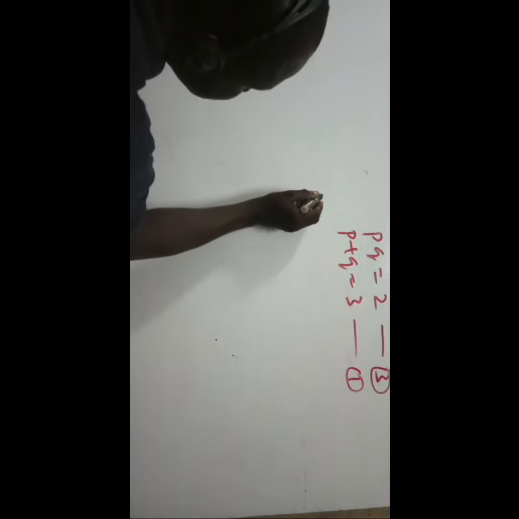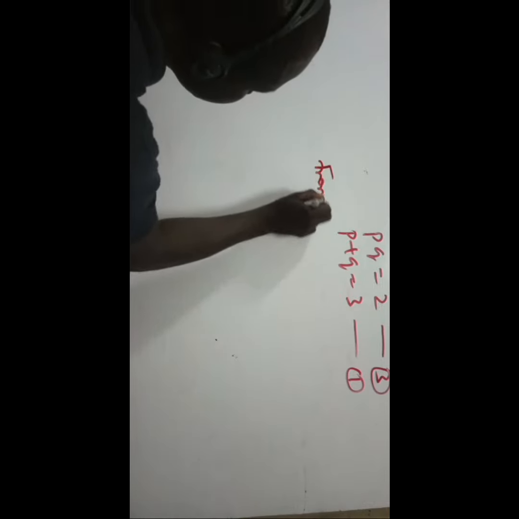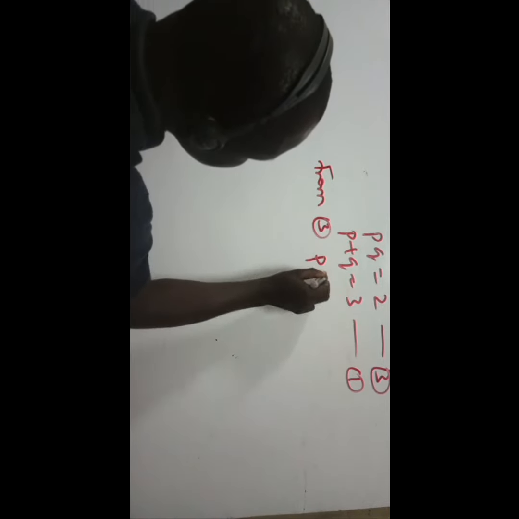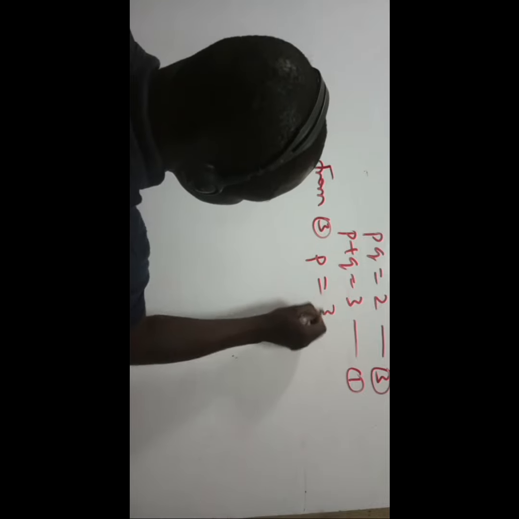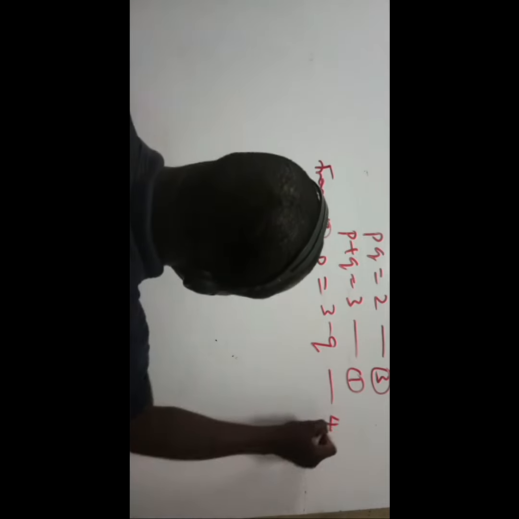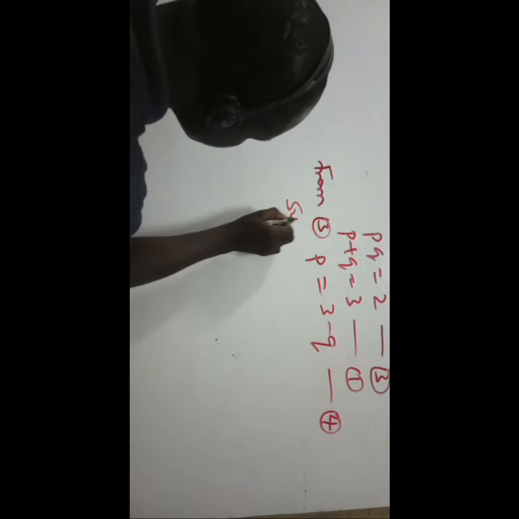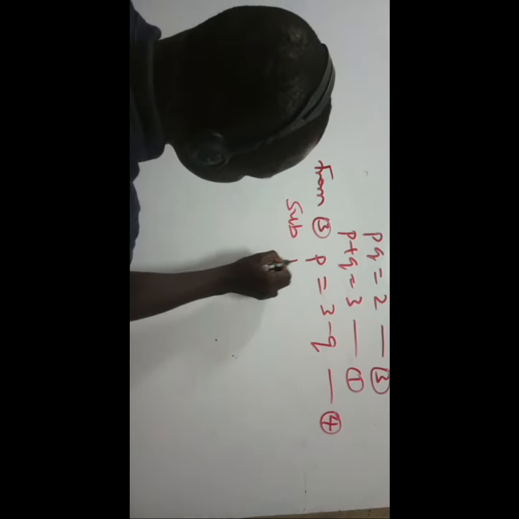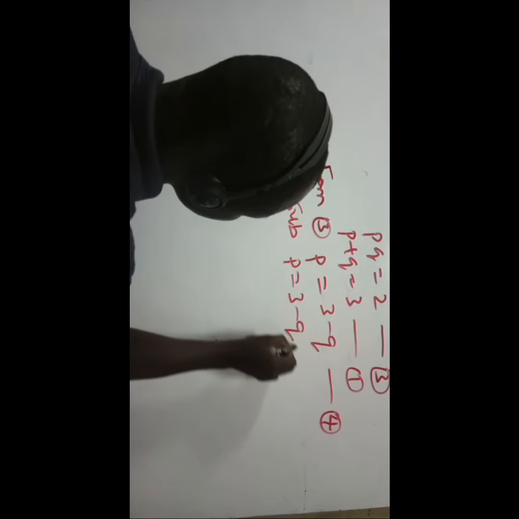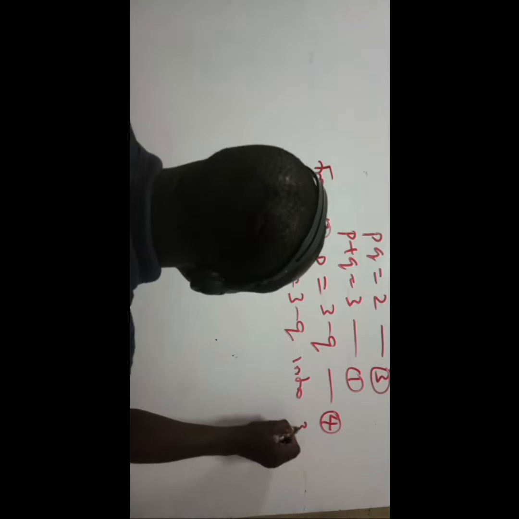So we either use the substitution method or we use the elimination method. Then from what I have now, from equation 1, I can make p the subject of formula so that p will be equal to 3 minus q. Let's call that equation 4. Then I can now substitute p equal to 3 minus q into equation 3.